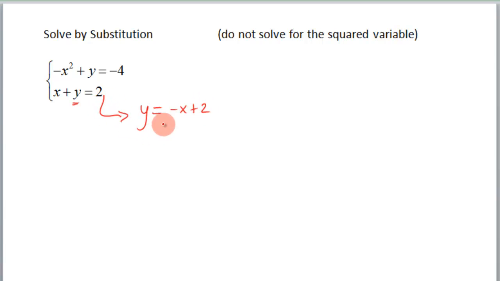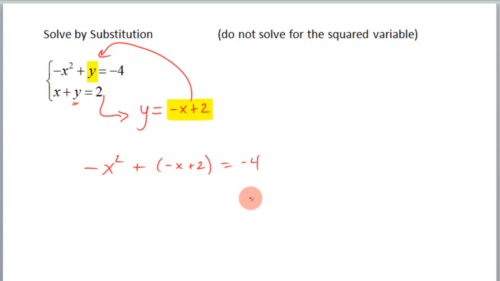That's this one. Now I'm going to take this minus x plus 2 and put it in for the y there. Okay, so right there. So I have negative x squared plus the quantity negative x plus 2. I always put my things in parentheses when I put them there, because that's y, equals negative 4.